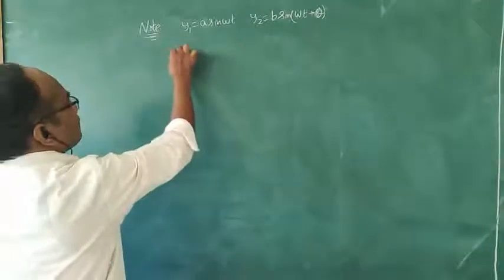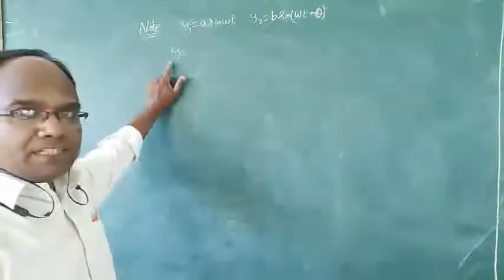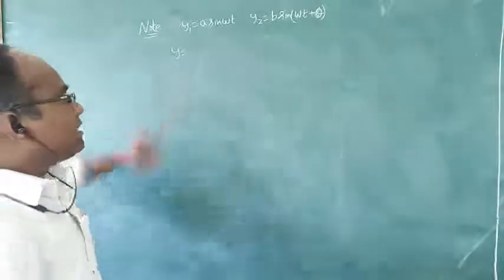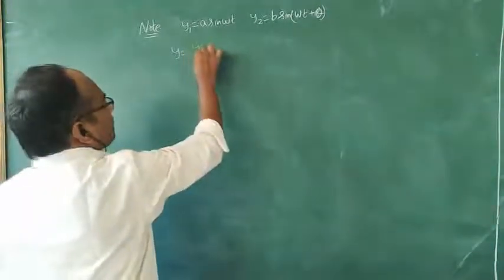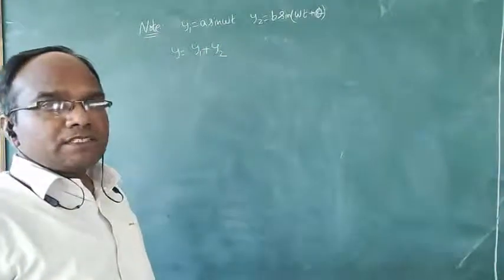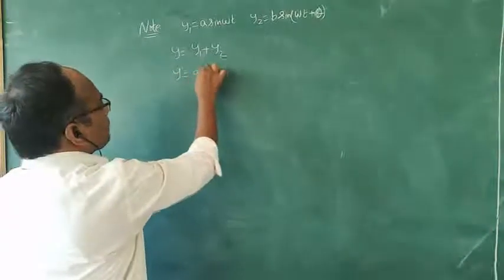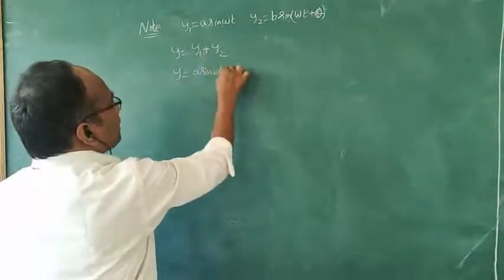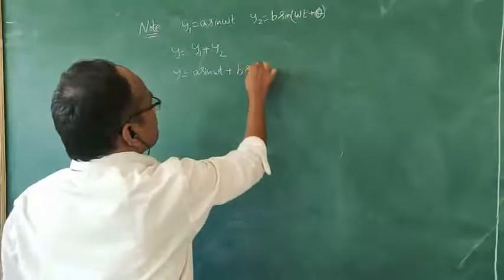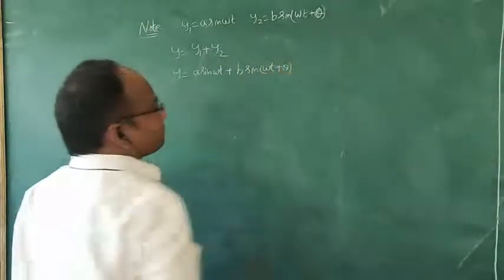Now, superposition principle means what? The resultant displacement of a wave is equal to the vector sum of individual displacements. So y is equal to a sin omega t plus b sin of omega t plus theta.